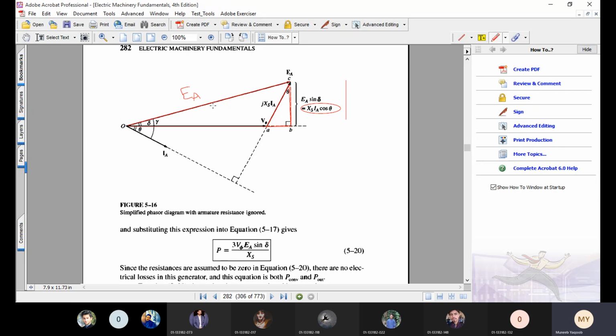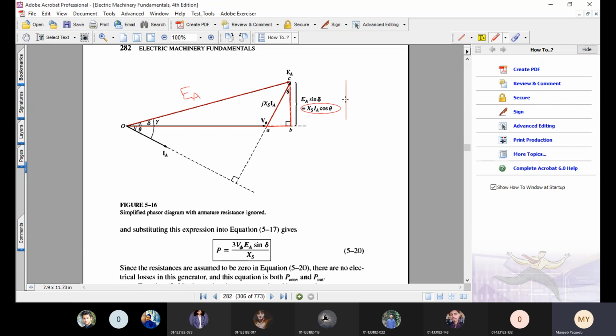So in our bigger right angle triangle the hypotenuse is EA and the required side is the perpendicular. So we all know that if hypotenuse is F then the perpendicular is F sine theta. So similarly here the hypotenuse is EA, so the perpendicular is EA sine of the acute angle, and the acute angle is delta, so EA sine of delta.